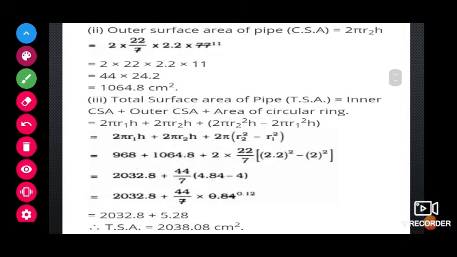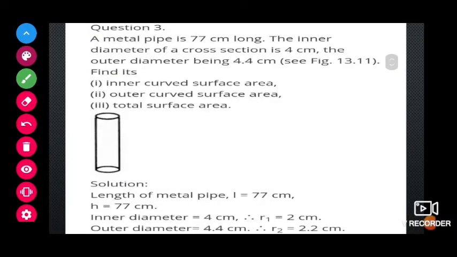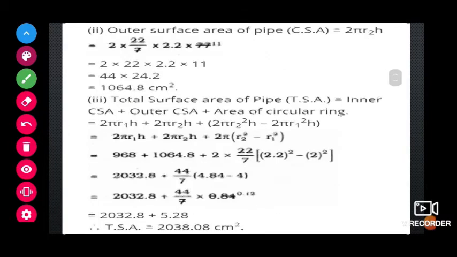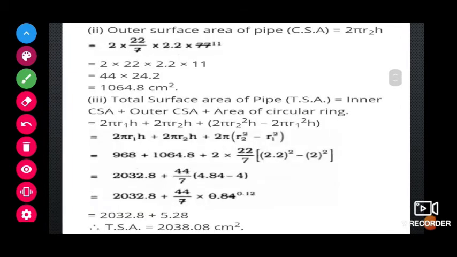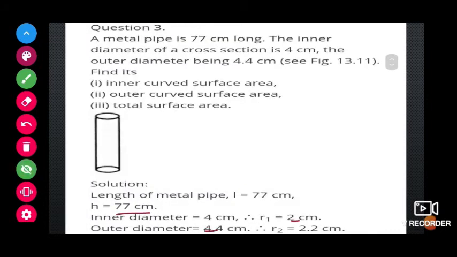Next, the surface area of the pipe. Now they are asking us to find the inner curved surface area and the outer curved surface area. Inner curved surface area is nothing but 2 pi r h. This is the formula.